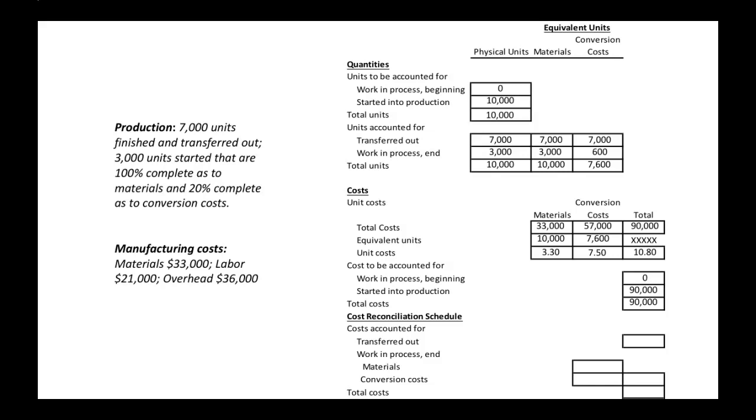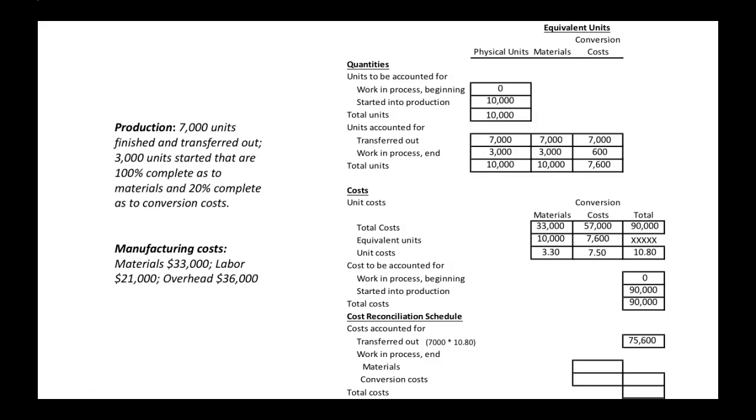Since every transferred out unit is fully complete, that means that each of those units cost a total of $10.80. So 7,000 units times $10.80 and you'll find that your transferred out had a cost of $75,600.